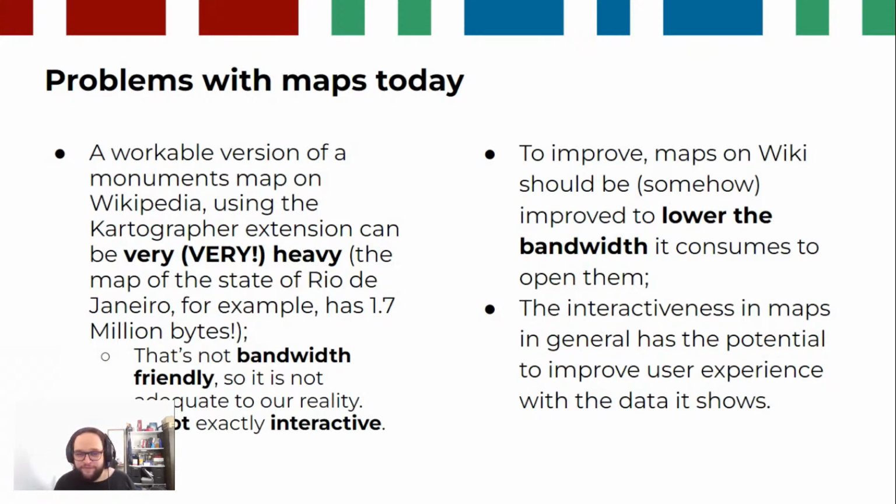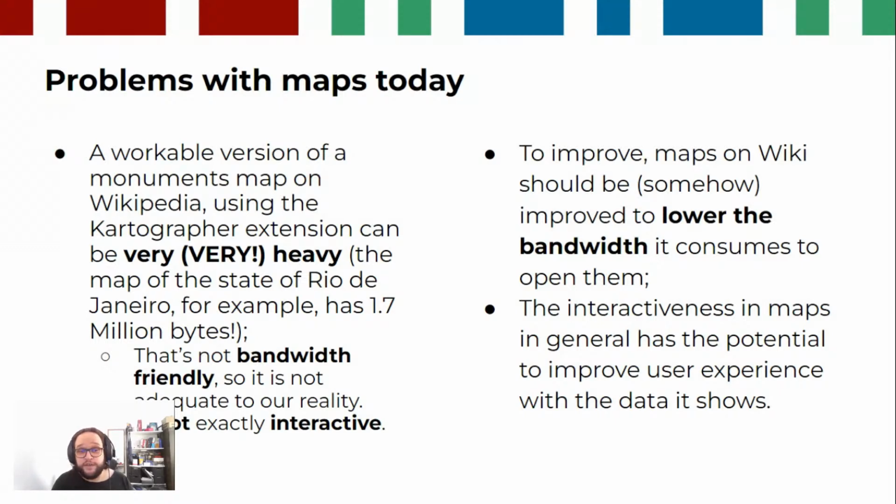But it's not used everywhere. And that leads me to this slide that shows the problems with maps today in the Wikimedia movement. For example, a workable version of a monuments map that replicates what is done in the monuments map that was just shown to you is very, very heavy.